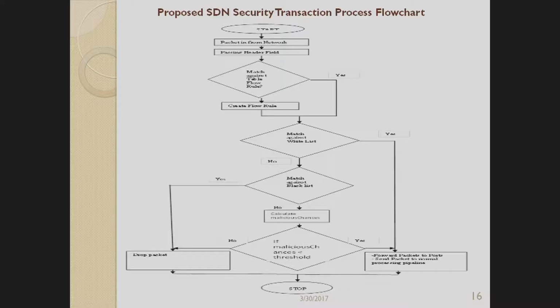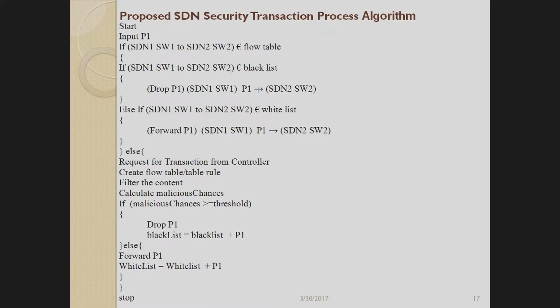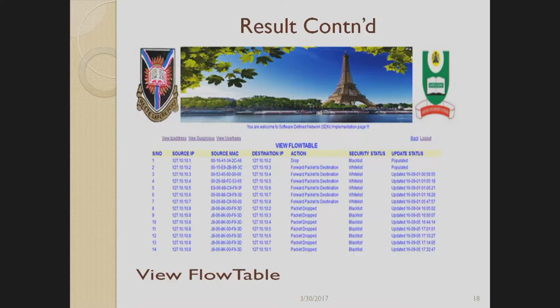To validate what we did, we ran some experiments focused specifically on spam emails. Next slide, that's still the algorithm. So we have a couple of these tables representing the source and the security status.